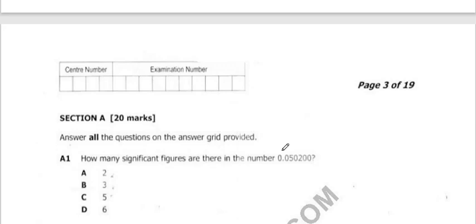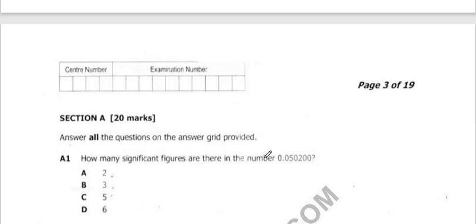Any zero at the beginning of a number is not significant. Any zero in between two non-zero numbers is significant. Any zero that is trailing a number is significant. So the last zeros in any given number are significant. Any zeros in between numbers are significant. And any zeros at the beginning of a number are not significant.